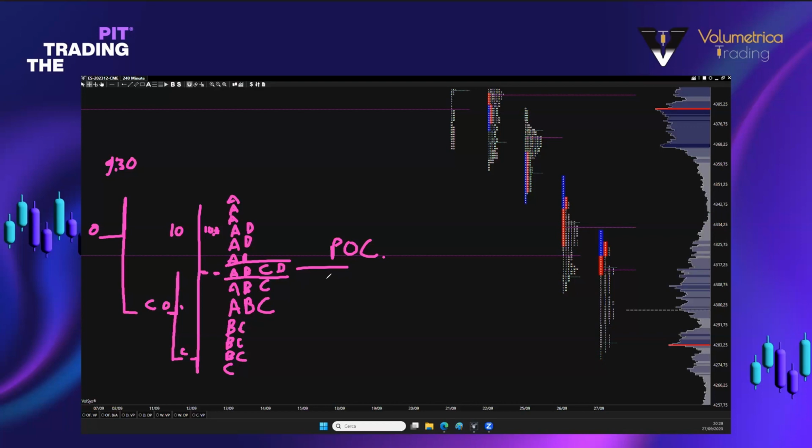Maybe that was more true back in the 80s, where markets were so different from what they are right now. There weren't icebergs, there weren't HFTs, there weren't algos.